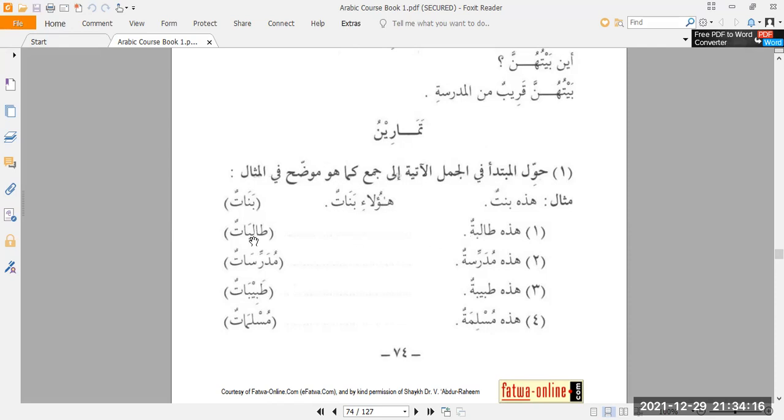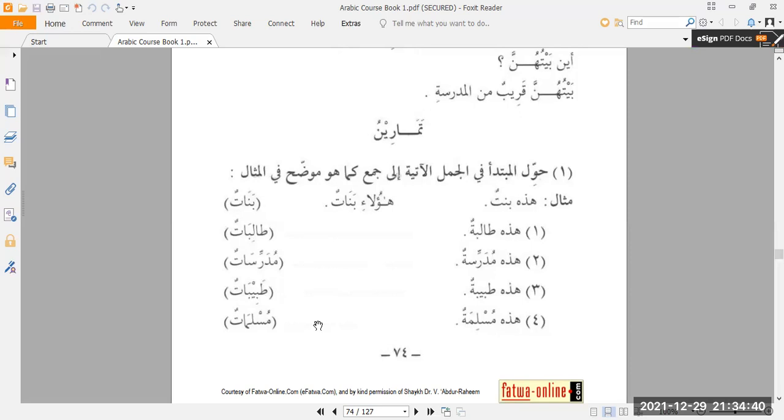Talibatun, talibatun. The last letter detaches itself and an alif comes in. So talibatun. Mudarrisatun, tabibatun, muslimatun.